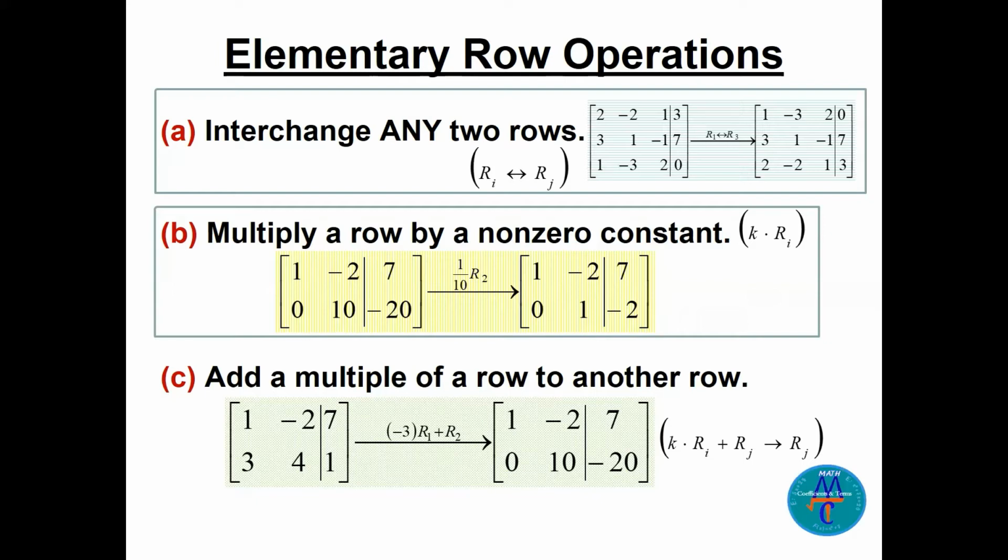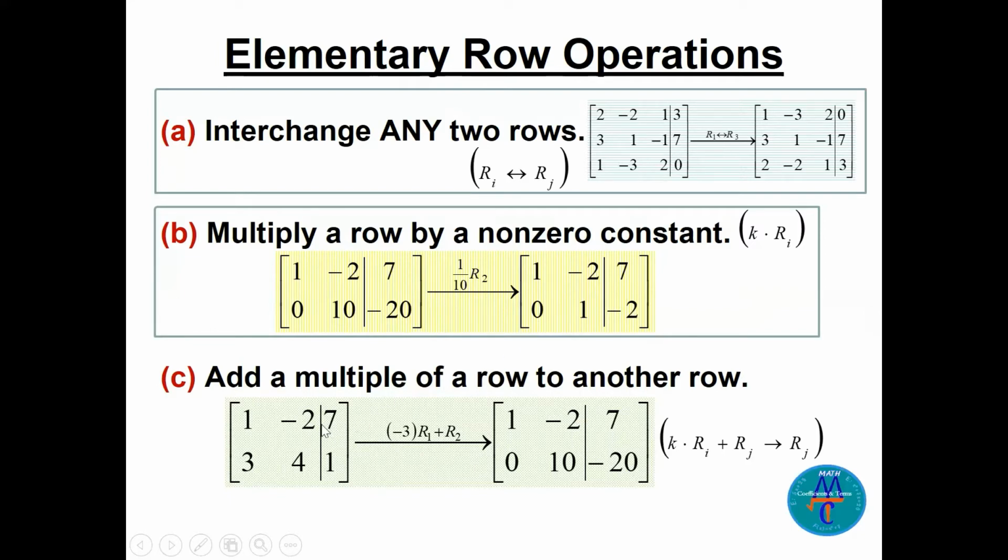So you can multiply any row by a non-zero constant. So here we have 1, minus 2, 7. We leave row 1 here. You see that? 0, 10, minus 20. Suppose I need to make this 10, 1. So I can divide. Divide means divide by 10 or multiply by 1 over 10, which is the same here. So it will give you 0, 1, minus 2. We will see that also in the method.